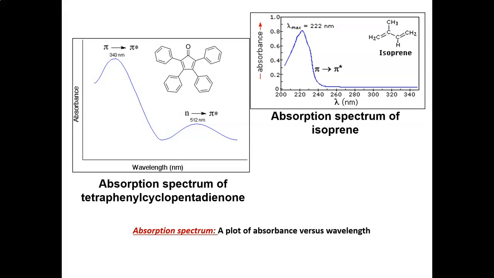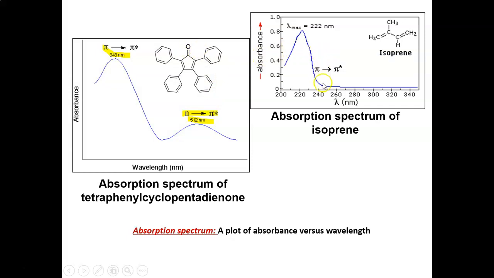Okay, this is a typical spectrum for UV. This one is for tetraphenyl cyclopentadienone. This is the pi to pi star transition, and this is the n to pi star transition, because it is unsaturated, with a double bond and also a heteroatom.